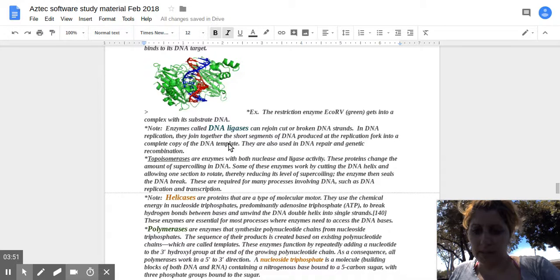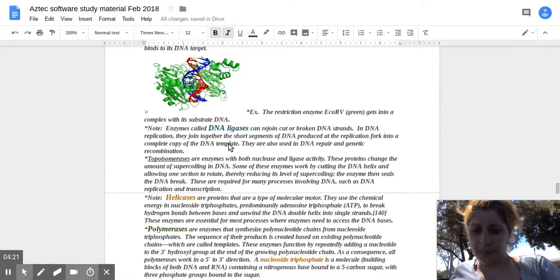The enzyme then seals the DNA break. That's the ligase activity. These are required for many processes involving DNA, such as replication and transcription. So nuclease cuts and ligase seals the molecule back into a continuous molecule.